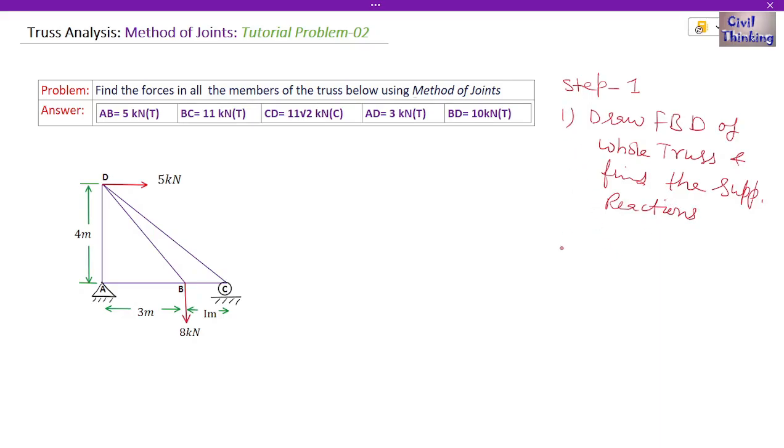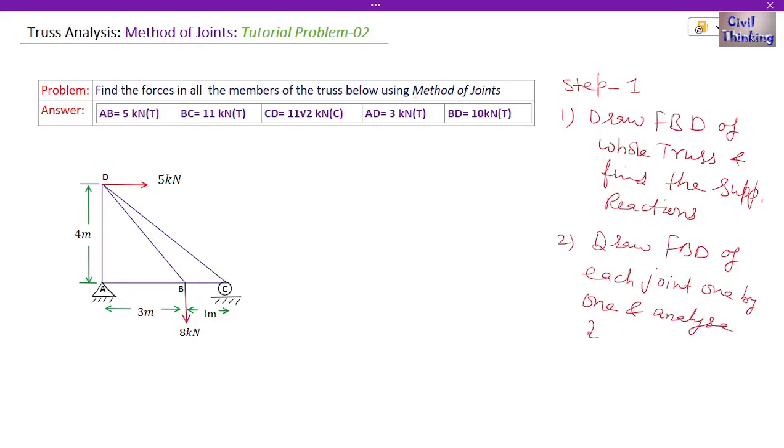Step 2 is draw the free body diagram of each joint one by one and analyze the joint.